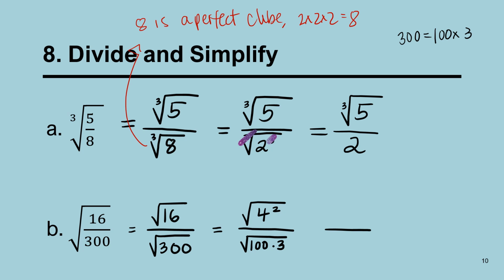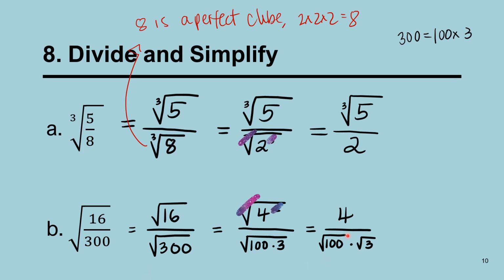Up here in the top, a square root cancels with a square, so those two cancel. We're going to be left with 4 in the numerator. We're going to split this up into the square root of 100 times the square root of 3. Now you see why that line was there.